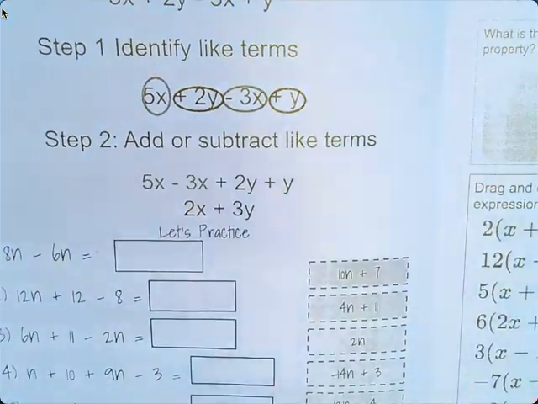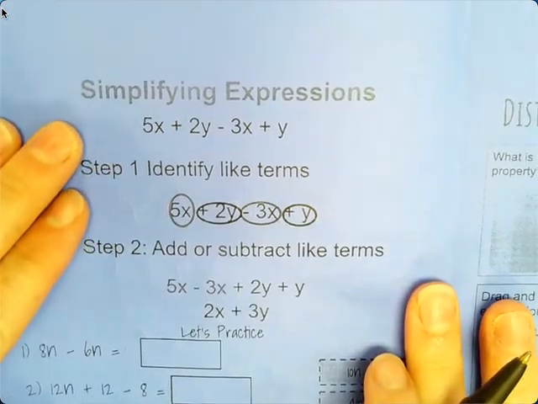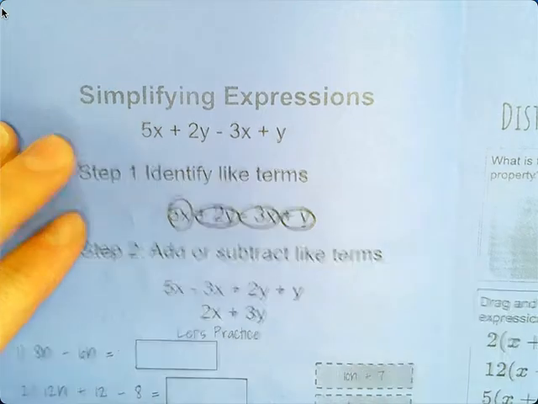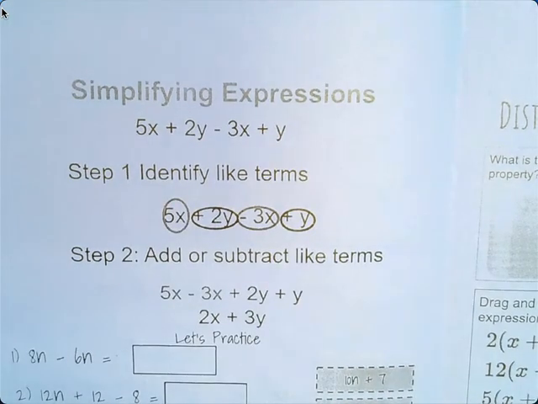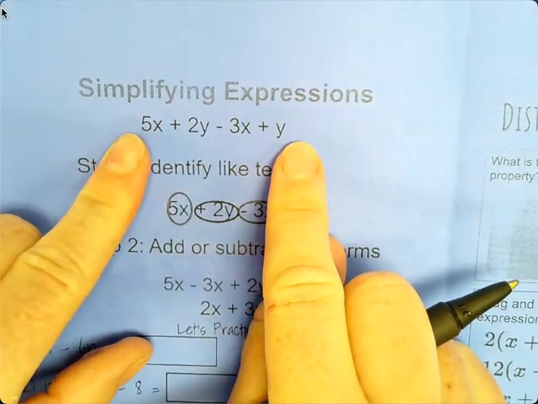Okay, let's talk about combining like terms now. So simplifying expressions. The way you simplify expressions is you identify any like terms and then add or subtract those like terms. So this first one is an example.